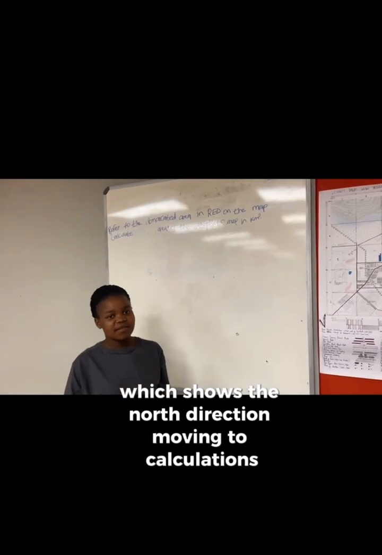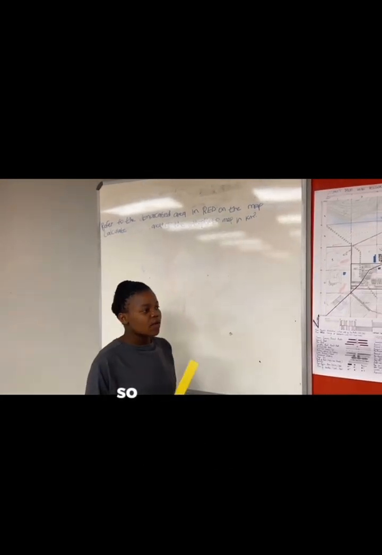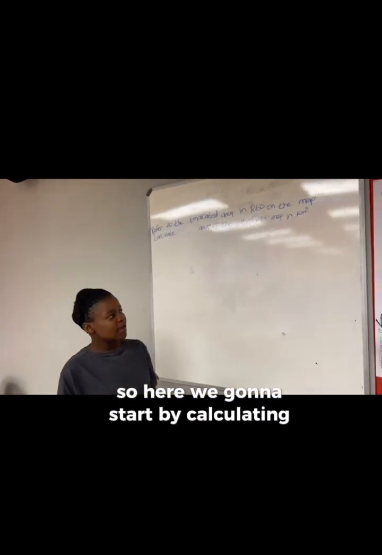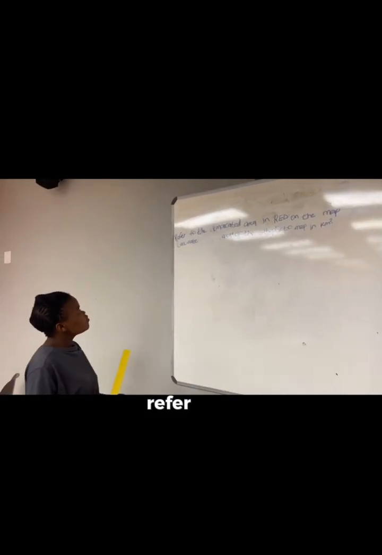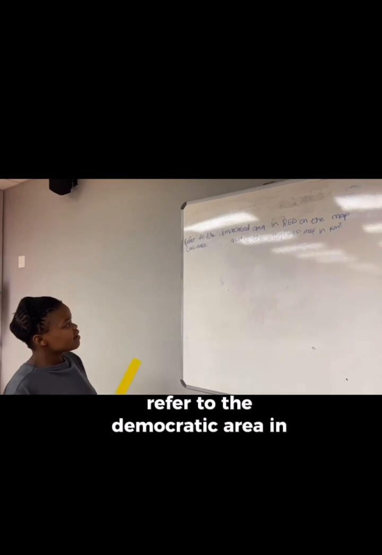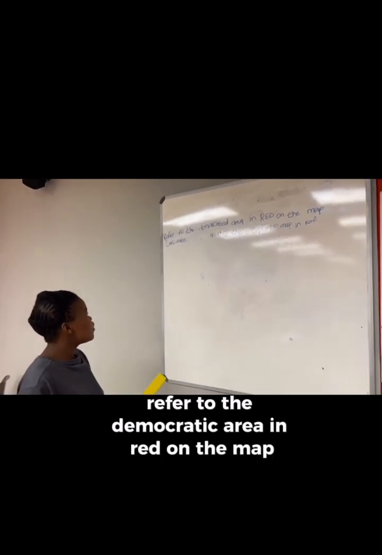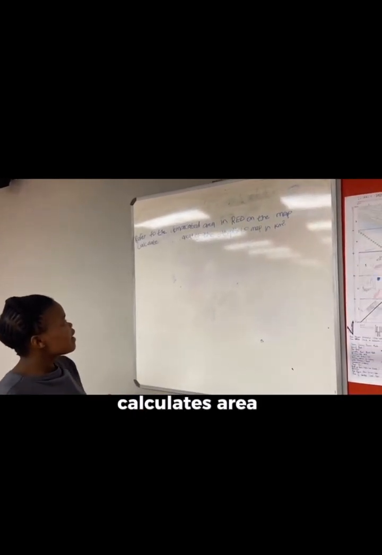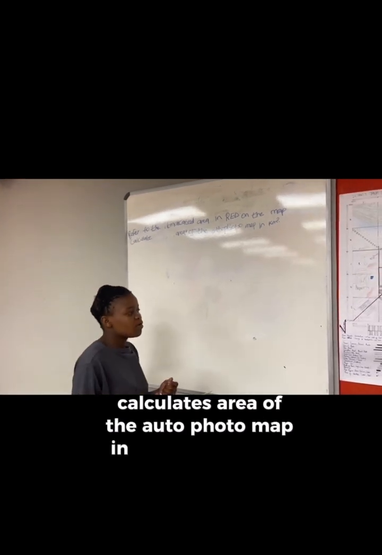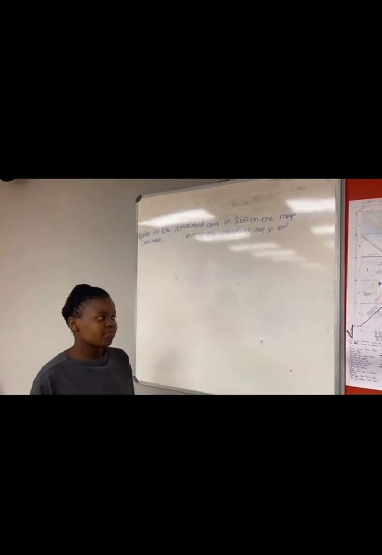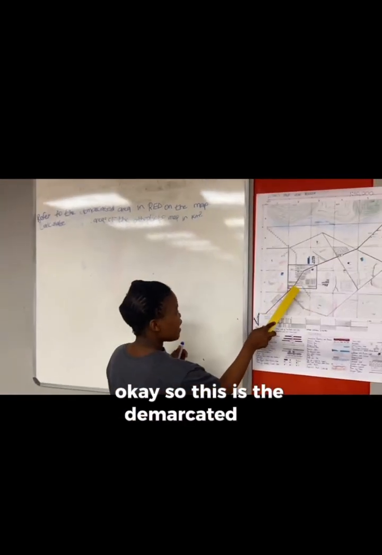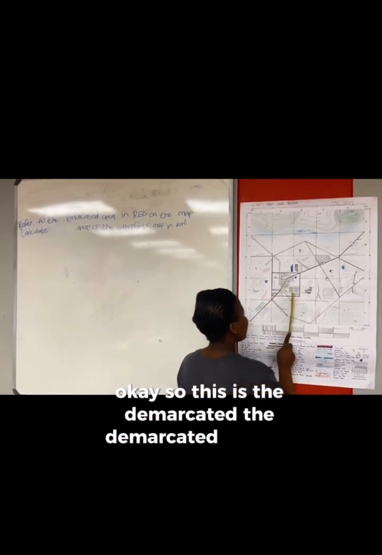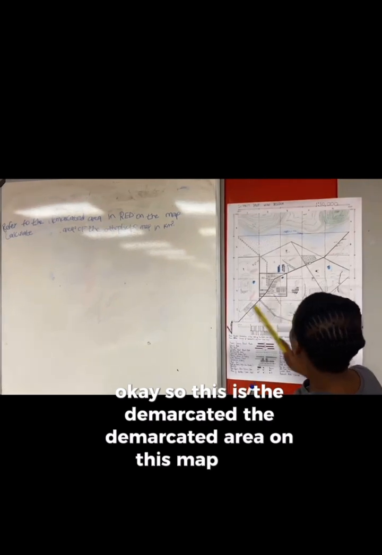Moving to calculations. So here we're going to start by calculating the area. The question says, refer to the demarcated area in red on the map. Calculate the area of the orthophoto map in kilometers squared. Okay, so this is the demarcated area on this map.